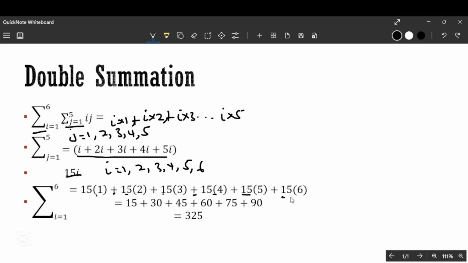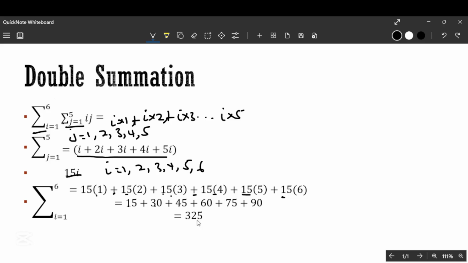And 15 times 1 gives us 15, 15 times 2 is 30, 15 times 3 is 45, 15 times 4 is 60, 15 times 5 is 75, and 15 times 6 gives us 90. So the summation of all these results gives us 315 for the double summation.